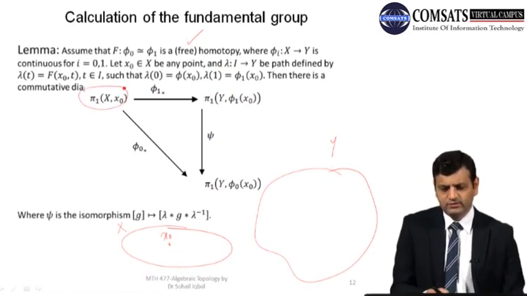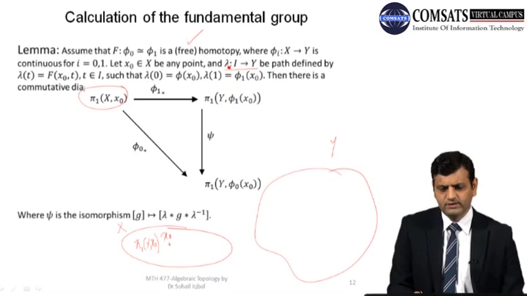So we can calculate this object, pi 1 of (X, x naught). Now consider this path lambda. So what is this path lambda?